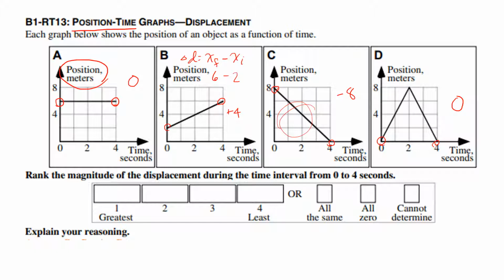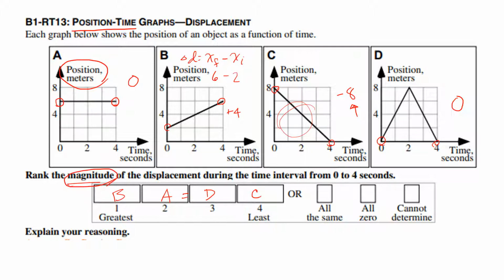So if I was just going to rank the displacements without the word magnitude, it would be B is greater than A and D, which are equal to each other, which is then greater than C, because C is negative. However, the word magnitude is here.